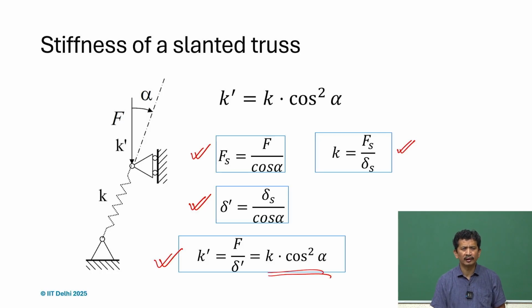So, k times cos square alpha, and again this square we should remember and be aware of. It is not linear, but it is varying with respect to cos square alpha in this case, and cos alpha already is a reduced value, and even a small change in alpha can make a huge impact.